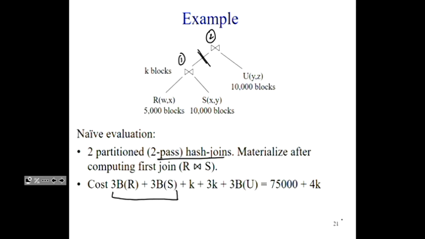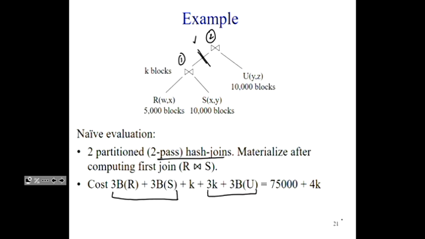Then let's skip the materialization step for now. Let's assume that you've taken the result of R join with S and written it out to disk. The next step is 3 times K plus B(U), where K is the size of R join with S. So this is the second hash join, this is the first hash join, and so far so good.